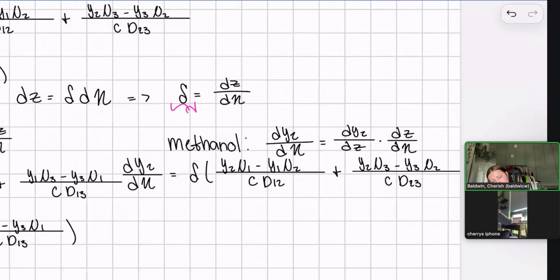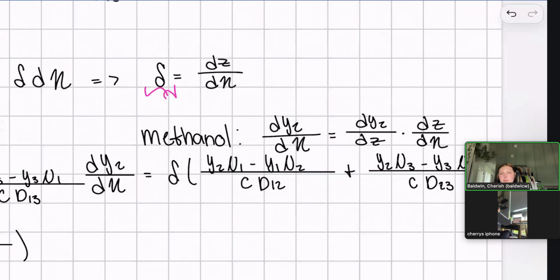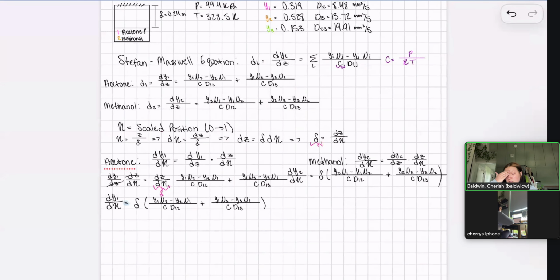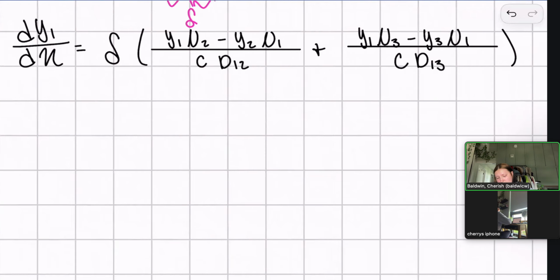So now that we have our equations, we need to start with our initial guess when we put this in Excel for the molar flux of methanol.